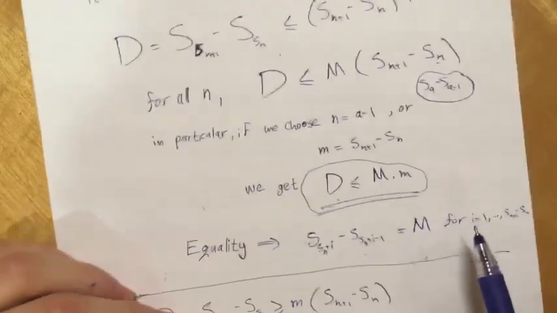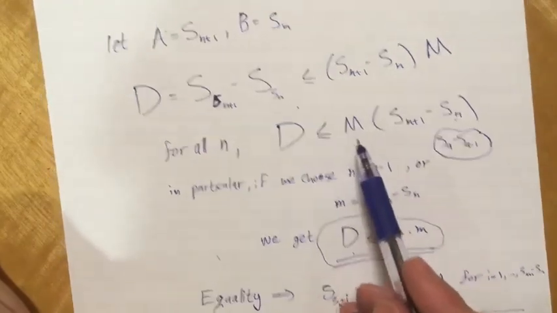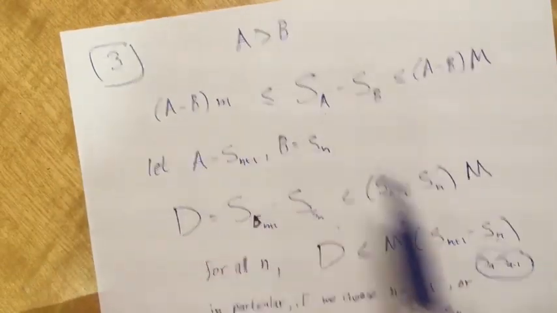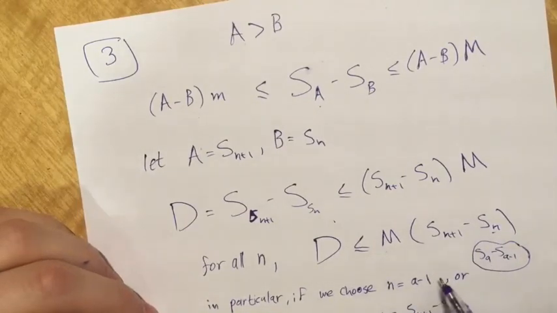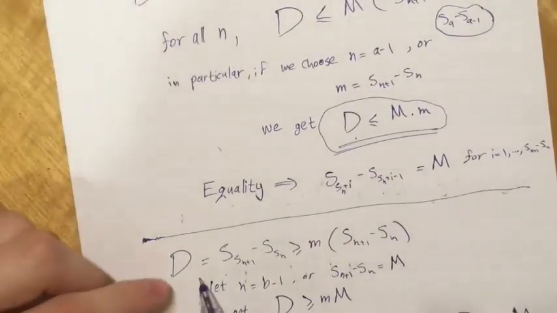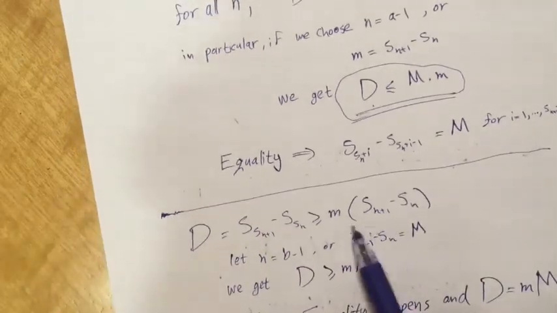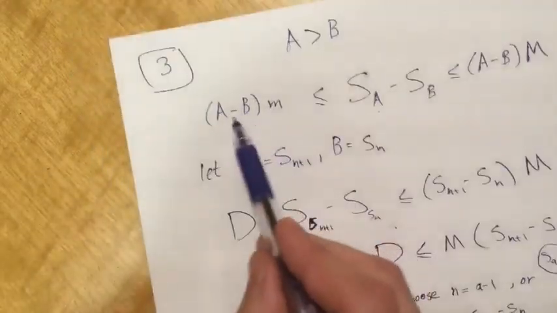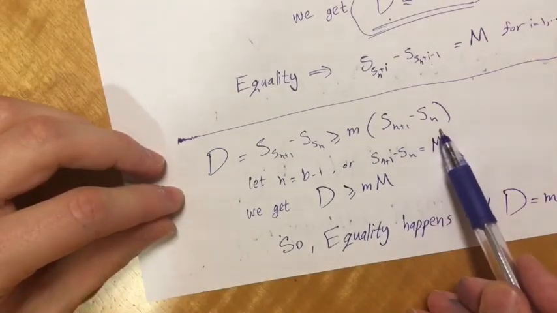Now, the cool part about this argument is that, just as we got this upper bound, we can achieve a very similar lower bound using the other inequality. Instead of choosing the minimizer, we'll choose the maximizer. So D is again the generic difference, and it's at least small m times (A minus B), which in this case is S of n plus 1 minus S of n.